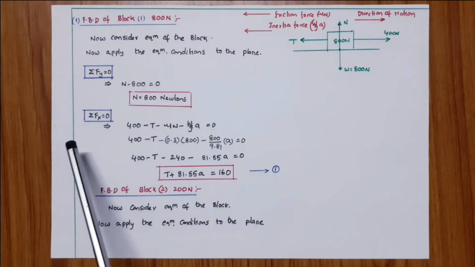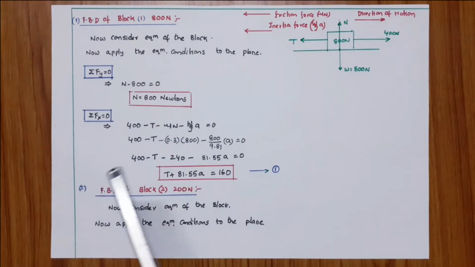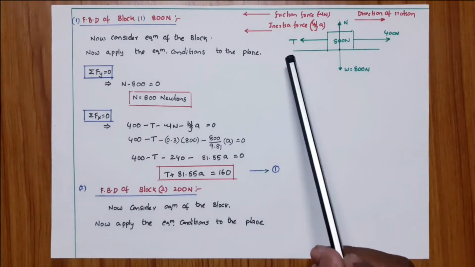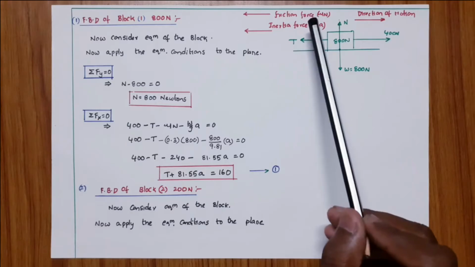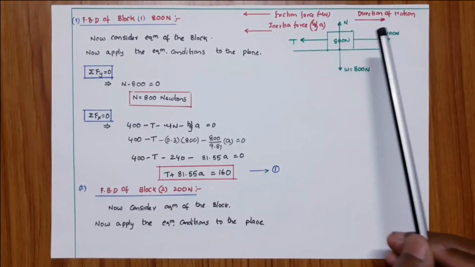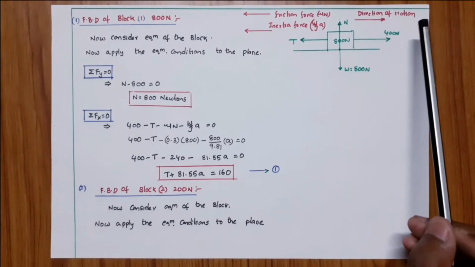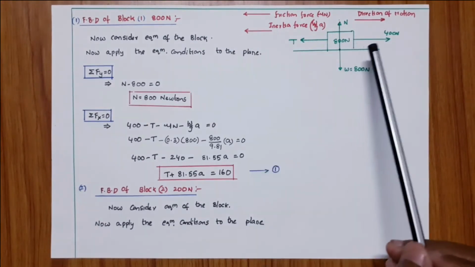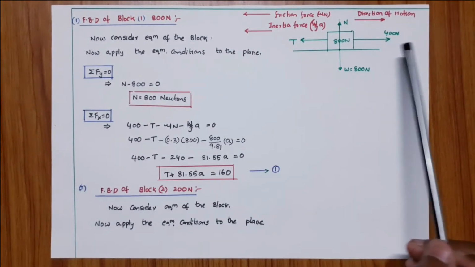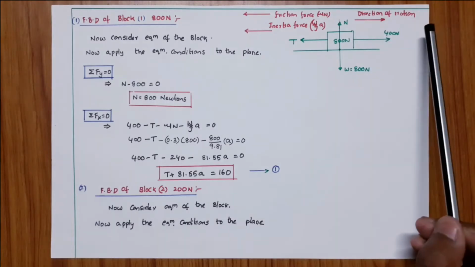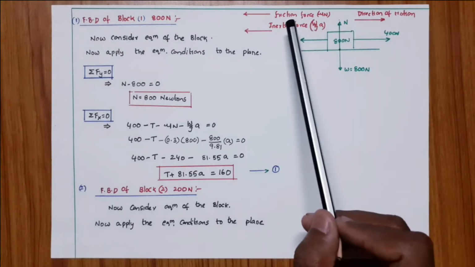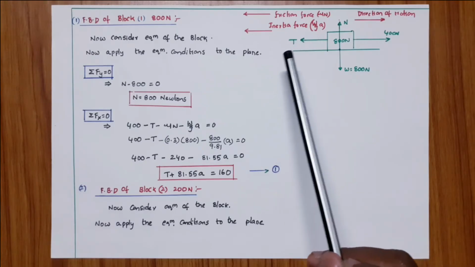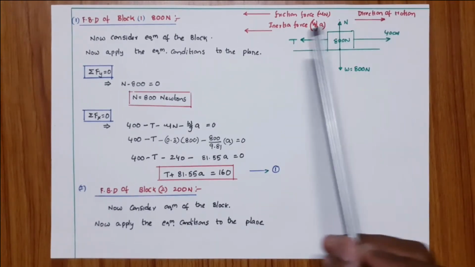Now sigma Fx equal to 0. What are the forces in horizontal direction? 400, T, friction force and inertia force. The forces in the direction of motion are positive; the forces opposite to the direction of motion are negative. So 400 Newton is positive. The friction force, inertia force and tension in the string are opposite to the direction of motion, so all these are negative.